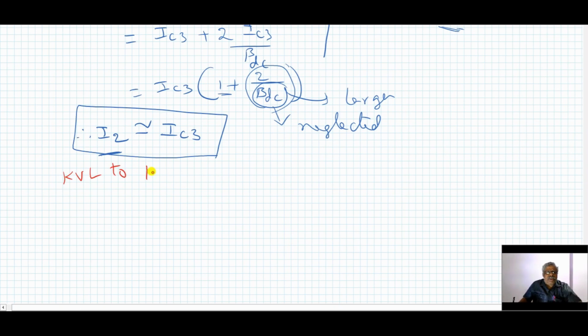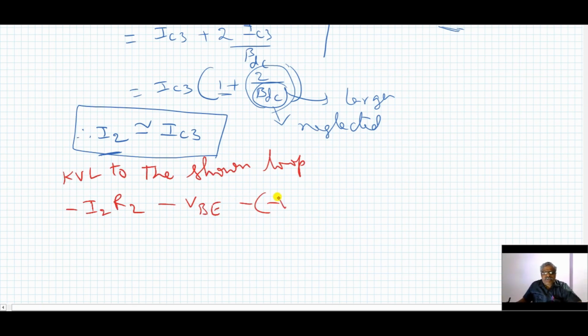So therefore, applying KVL to the shown loop, what we get? Minus I2 R2 minus VBE minus of minus VEE is equal to 0.